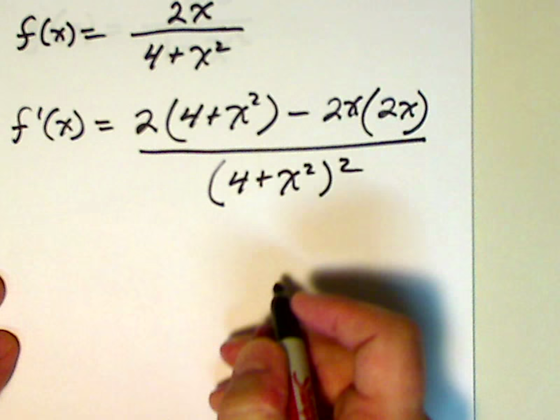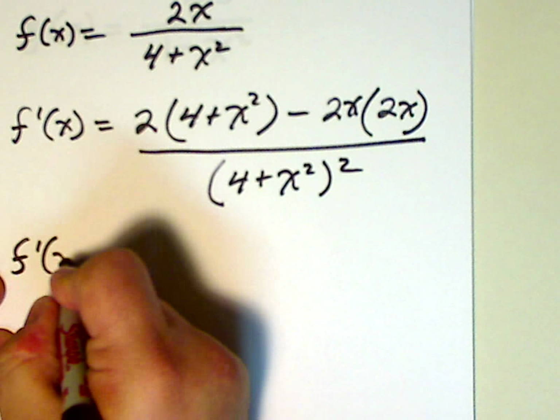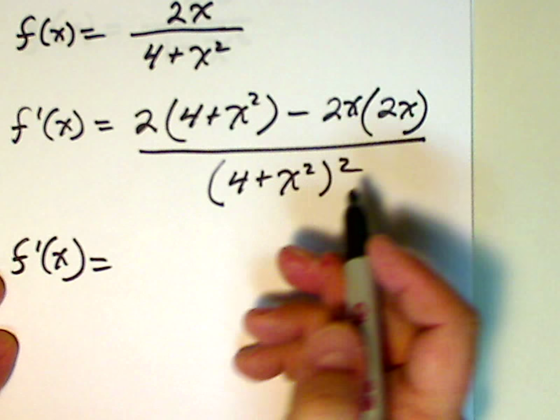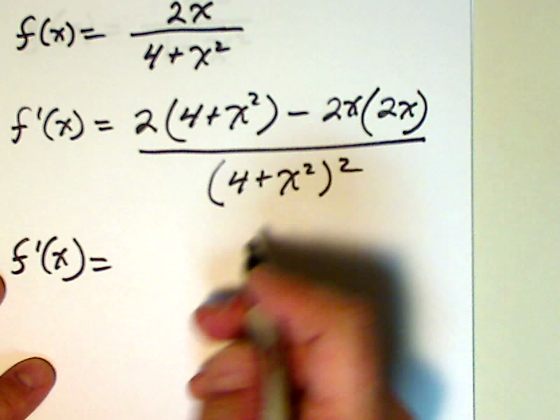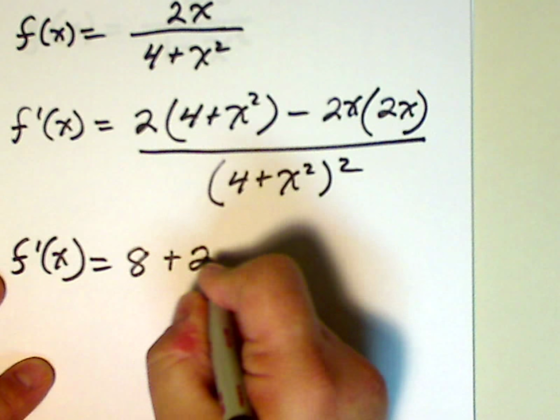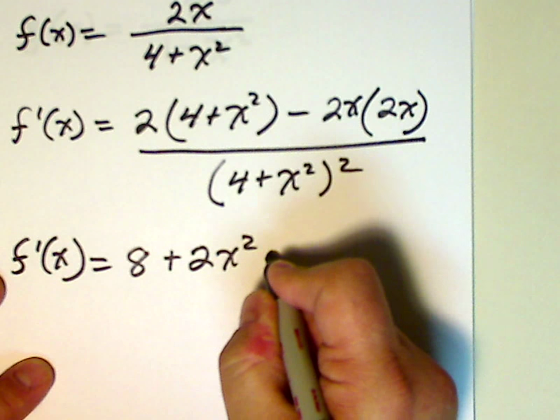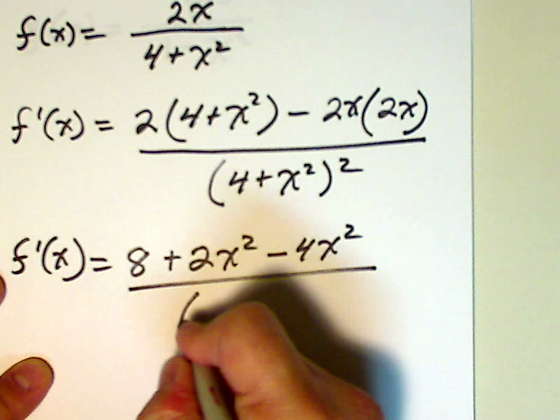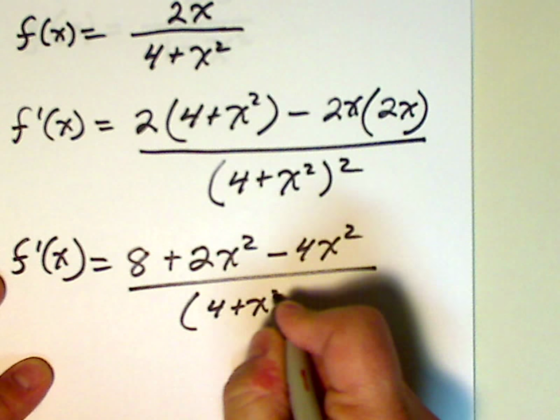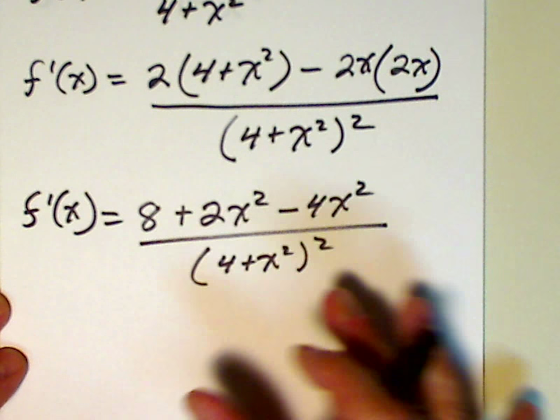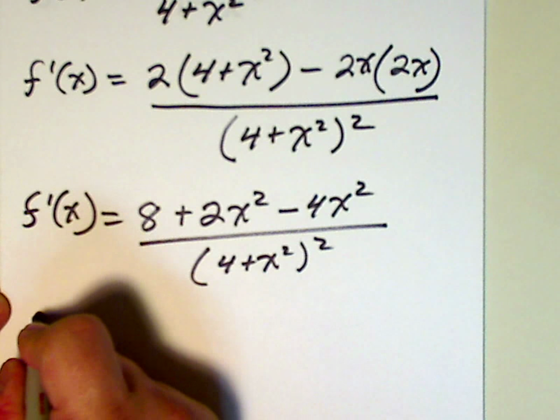Okay, well, let's move on to the next step. F prime of x. Let's distribute the 2 here and the 2x here. Well, this is just a straight multiplication. 8 plus 2x squared minus 4x squared, divided by 4 plus x squared squared. Okay, we should be able to finish it up right here.